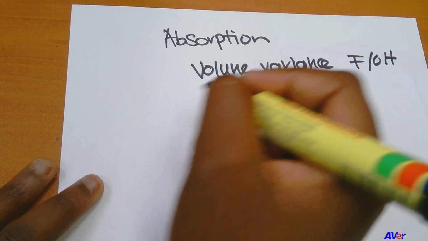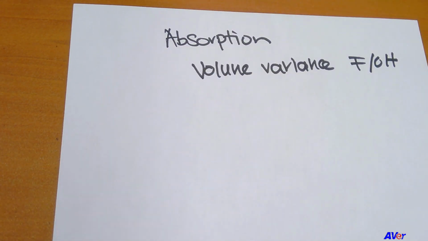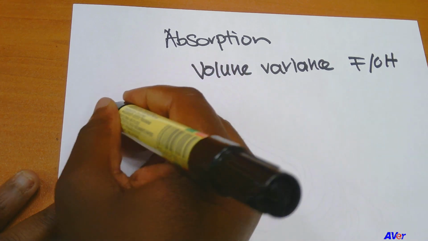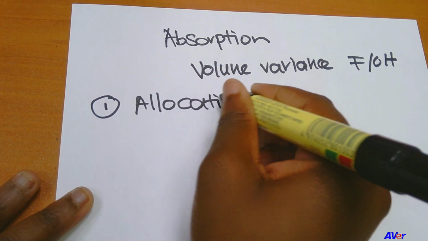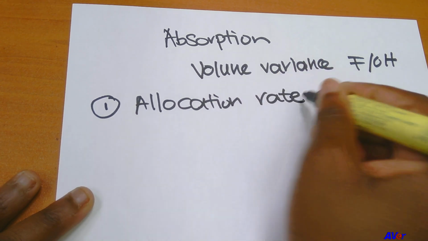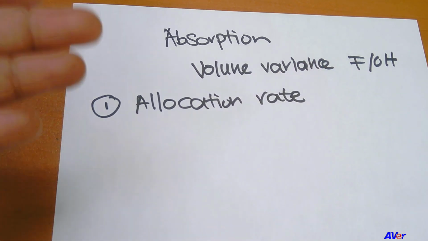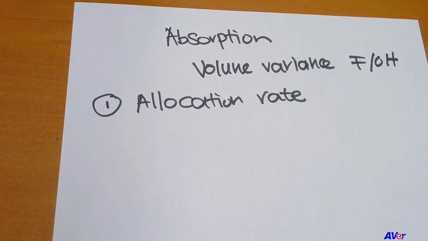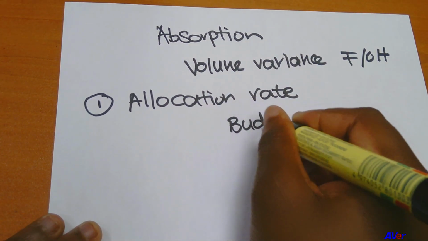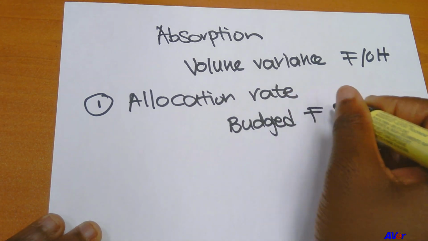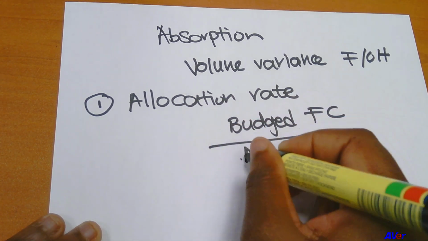Right? And for us to be able to determine the volume variance, the first step is you need to determine what your allocation rate is. This is the rate that you use to allocate your fixed costs to your product. And we said in class that the allocation rate is your budgeted fixed costs divided by your activity.